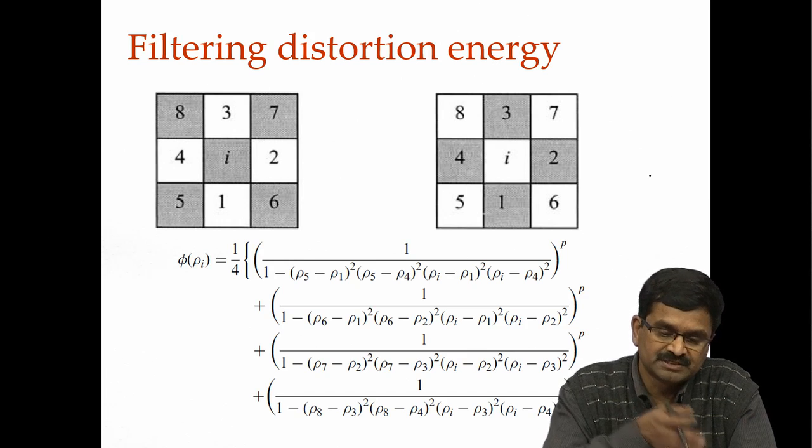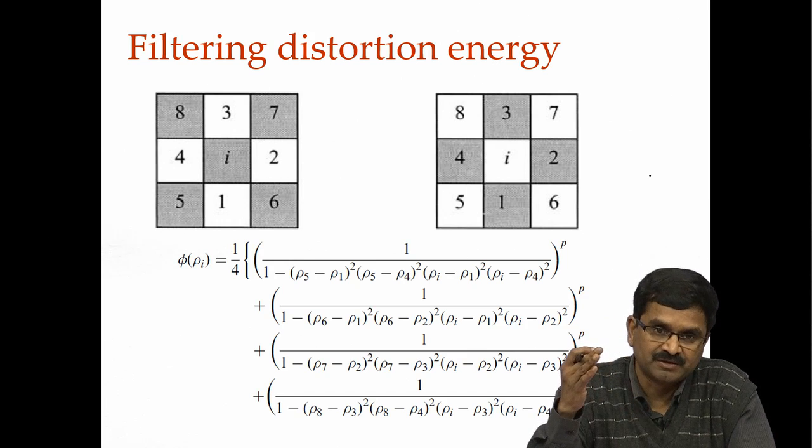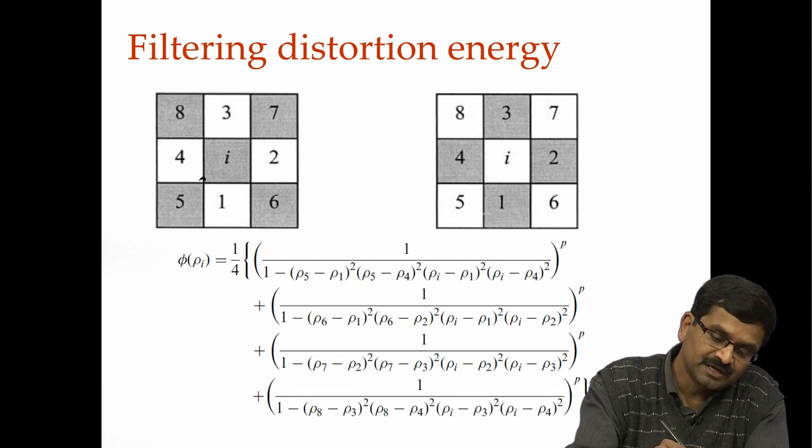You do not want to put this distortion energy constraint, that is, it should not be more than a certain value. We do not put it everywhere, we want to put it only at those places which are the potential hinge locations.